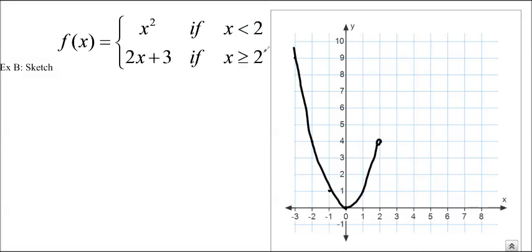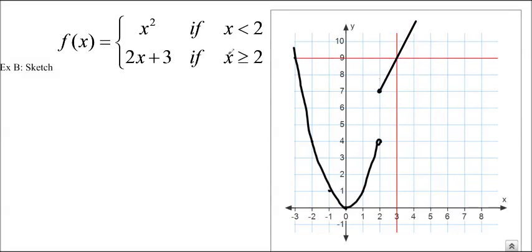And then 2x plus 3 if x is greater than or equal to 2. That looks like, let's see, it's going to start at 3 and then it's going to go up by 2's like this. So when I get to 2 it's going to be right here. So I'll start with 7 and I will go up by 2's until I can't go anymore. And we need a closed dot right there.